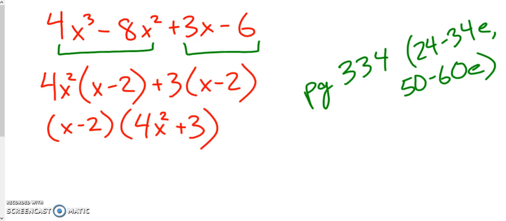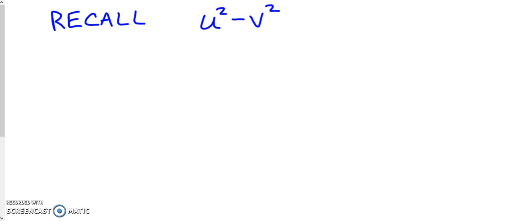All right, so now let's look at that special form stuff. The first thing I want you to remember is that when you have two things that are squared like this, that's what you get when you have u minus v times u plus v.